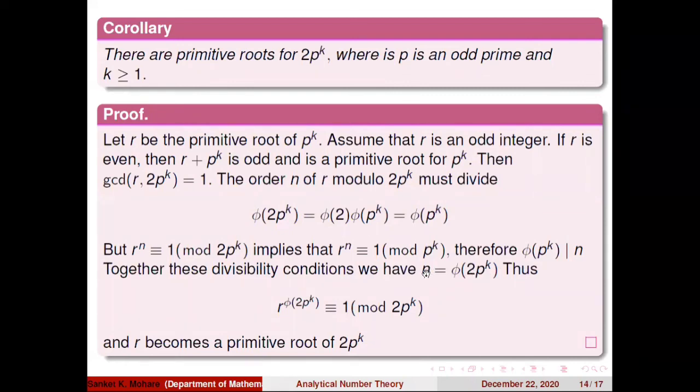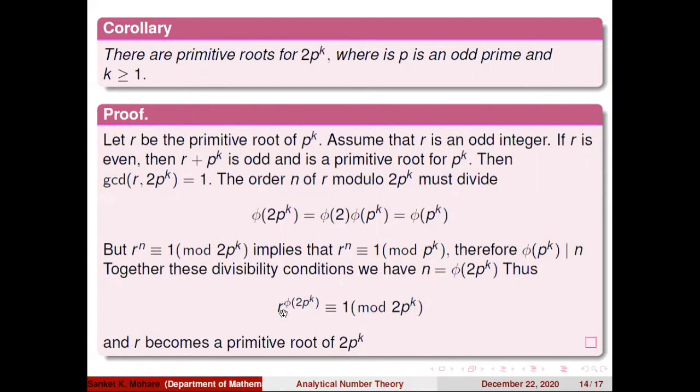But what is n here? n is the order of r modulo 2 times p to the power k. Thus we have r to the power phi of 2 times p to the power k is congruent to 1 modulo 2 times p to the power k.